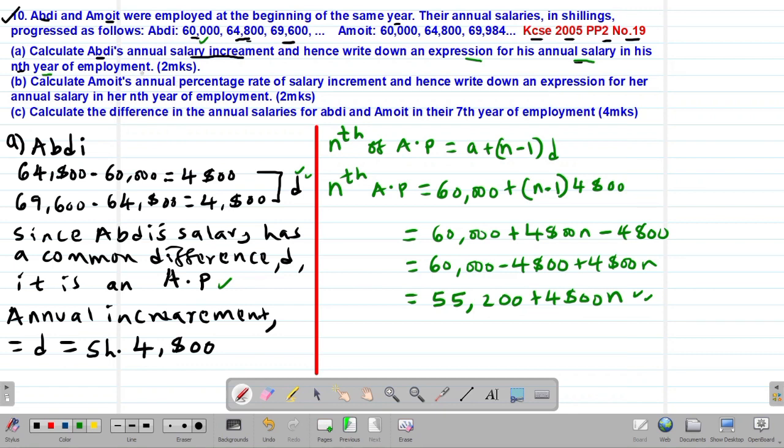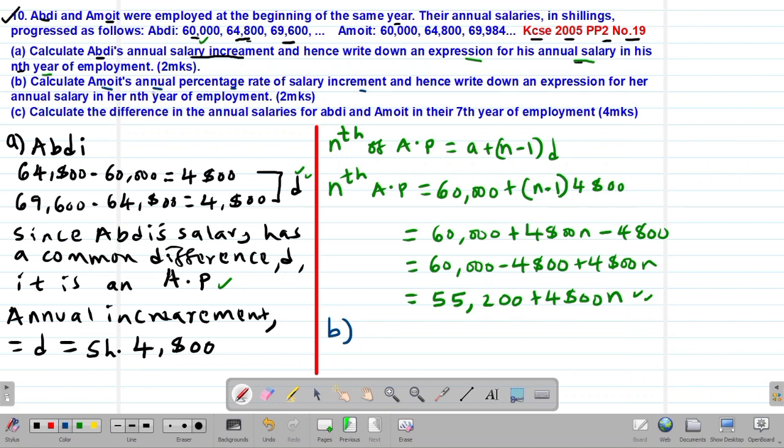Then we are going to move to part B of the question. In part B, we are being asked to calculate Amoit's annual percentage rate of salary increment and hence write down an expression for his annual salary in the nth year of employment.